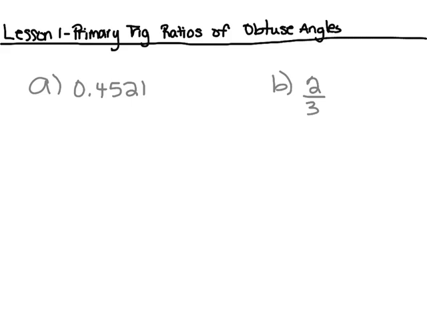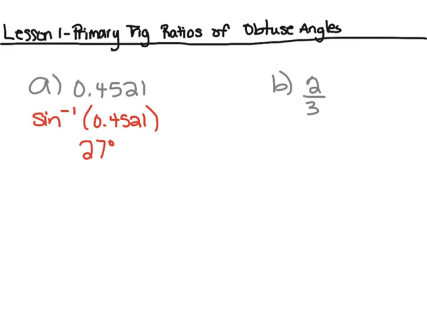Example 4a. Determine two angles from each of the following sine ratios. So we have 0.4521. We want to find the angle from the decimal. So we're going to type into our calculator sine to the negative 1 of 0.4521. And you should get 27 degrees. Now when you do this, you're always going to get the acute angle.